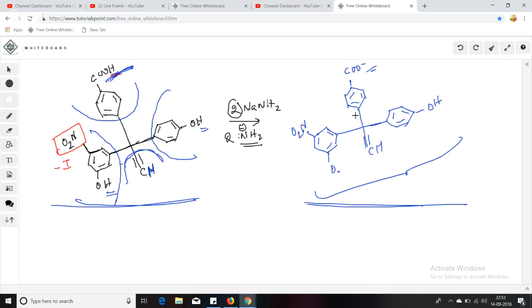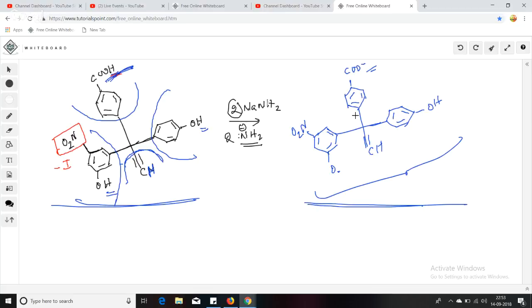Like this, we can compare the acidic nature and easily do questions based on this. There are a few reactions in carboxylic acid also, like the cases in which decarboxylation takes place. Decarboxylation is nothing but the removal of CO2.